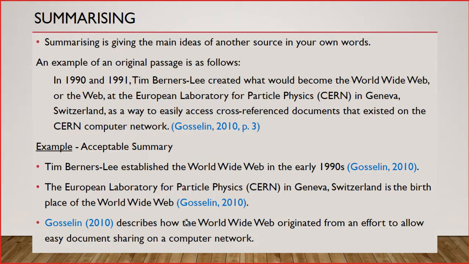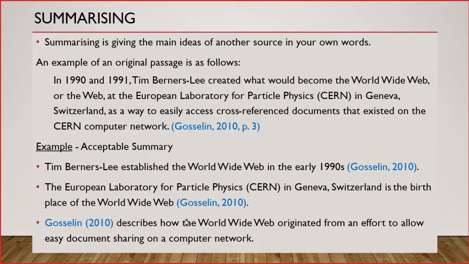So basically, this is a summary, and you can see that a summary is actually easier to do compared to paraphrase. Remember, for paraphrase, you have to retain all the main points, all the main ideas. You cannot take out something that is important. But for a summary, you can choose to retain only certain things.